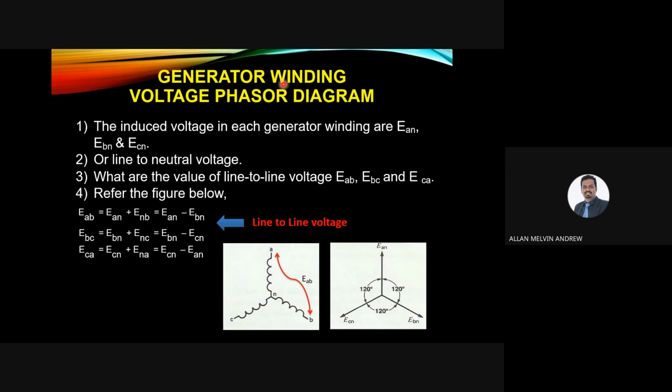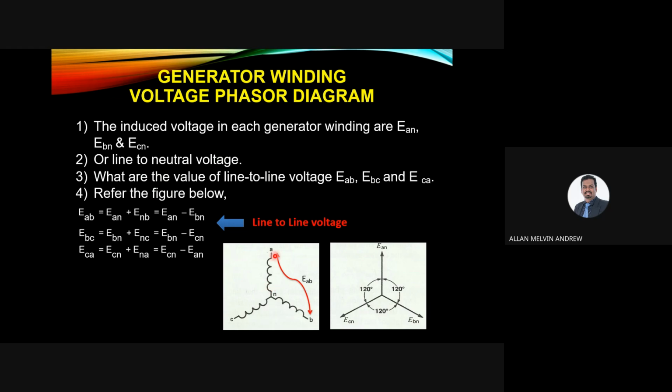Generator winding voltage phasor diagram. So this is the voltage phasor diagram. This is the physical circuit, so the Y connection will be like this, and this is the phasor diagram. You can see the induced voltages in the generator windings are EAN, EBN, and ECN.